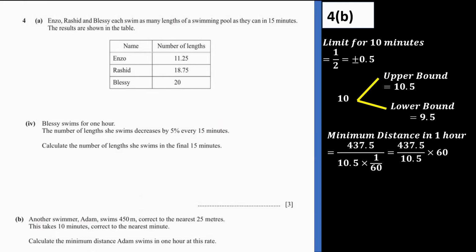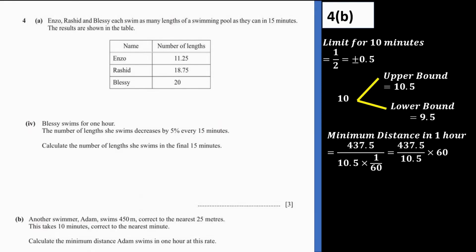But then the question is, why are we using 437.5? Because we want to get the minimum. So the numerator is going to be the smaller of the two distances, the lower bound. And that's why we use 437.5. And if we want that fraction to also be small, we are going to divide by the bigger time. And the bigger time is 10.5.